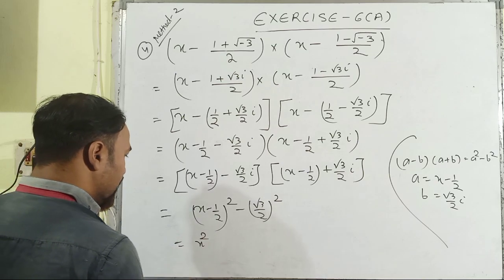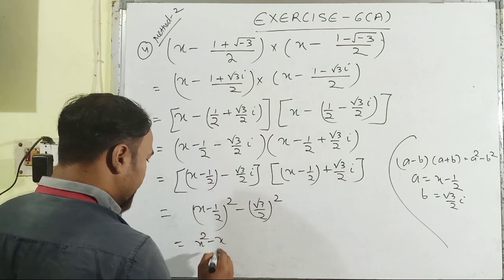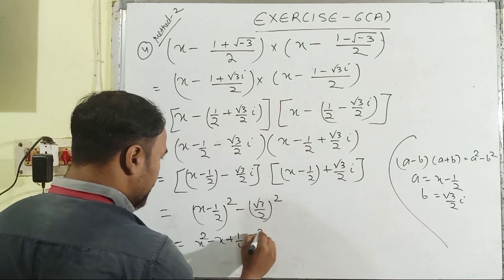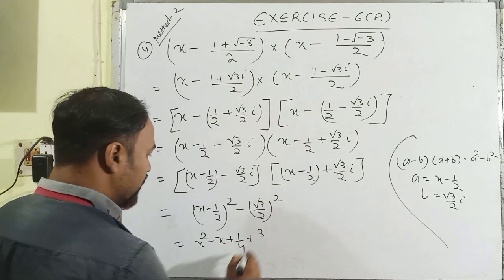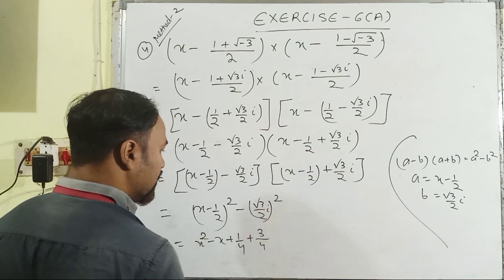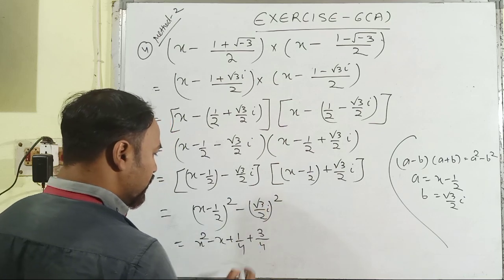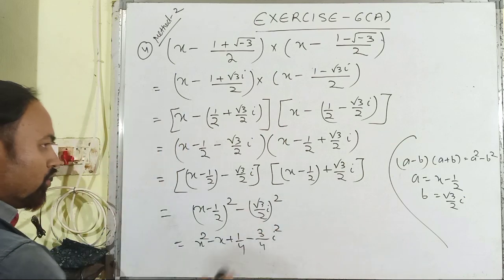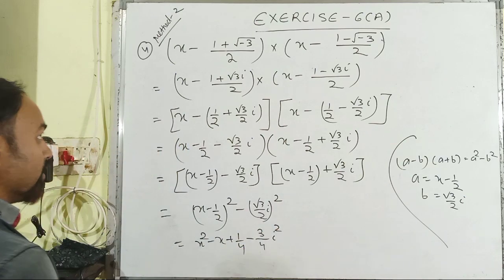That means it is x square minus x, and this is plus 1 by 4, and this is root 3 whole square, it is 3 divided by 4, and this is i square, and the value of i square is minus 1.